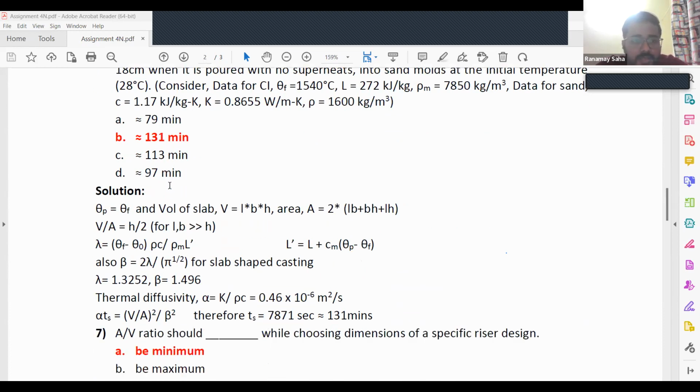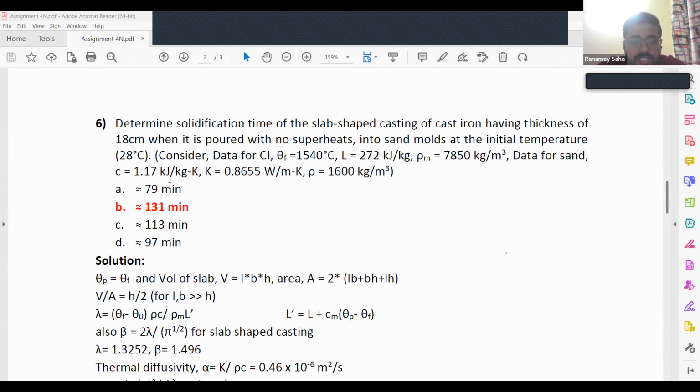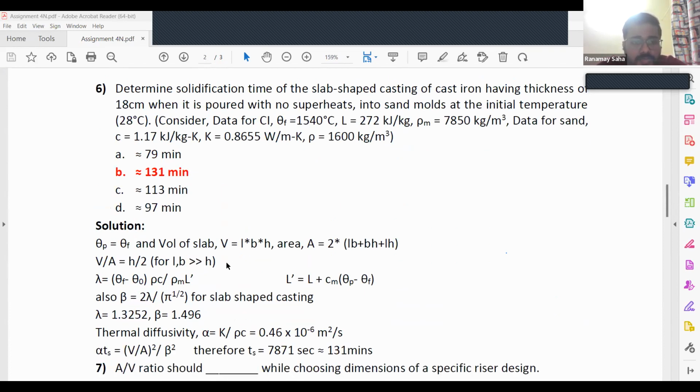So that's simple. It is just like the earlier one. I just have a change in the shape of the casting, right? So you have V equal to LBH, and area is twice (LB plus BH plus LH). However, in this case, because this is a slab, a slab is characterized by a larger surface area as compared to its thickness, right?